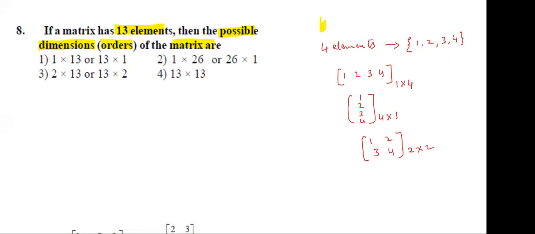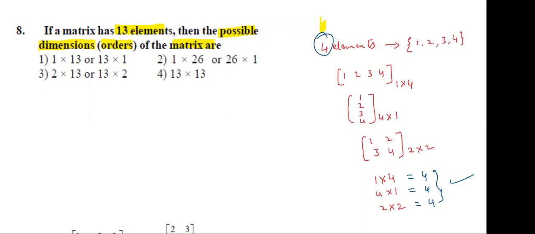See here, what are the orders? 1 by 4, 4 by 1, 2 by 2. So observe that, do the multiplication. 1 into 4, 4. 4 into 1, 4. 2 into 2, 4. How many elements are there here? 4 elements. We need to write the multiples of 4 when it is possible.